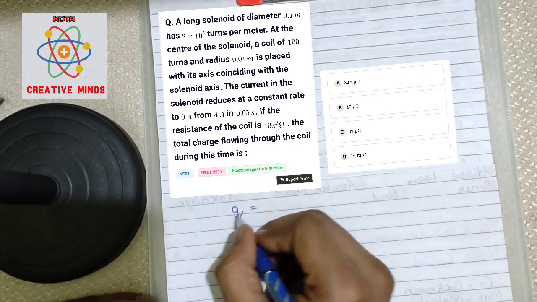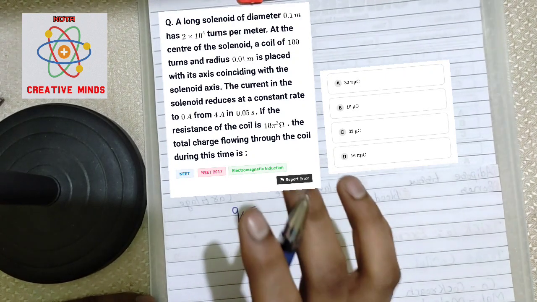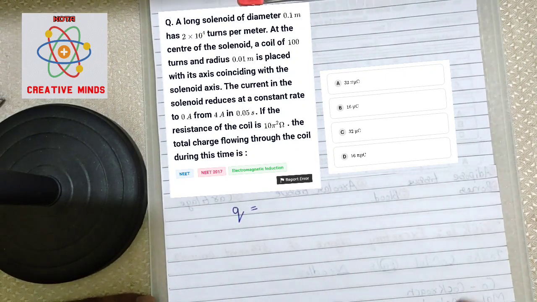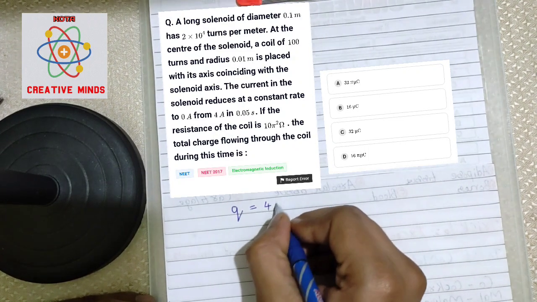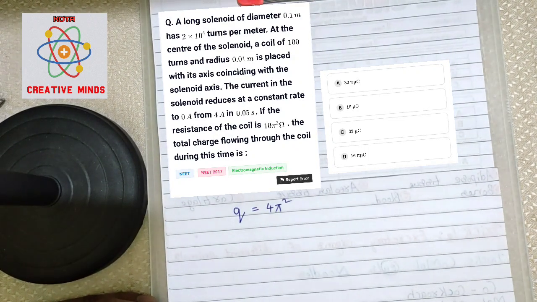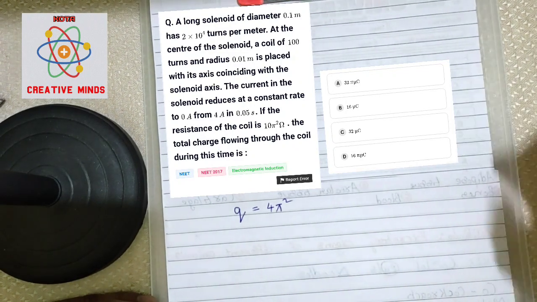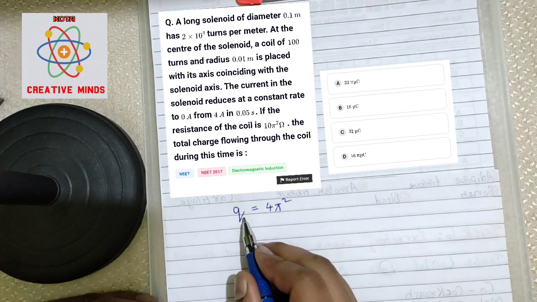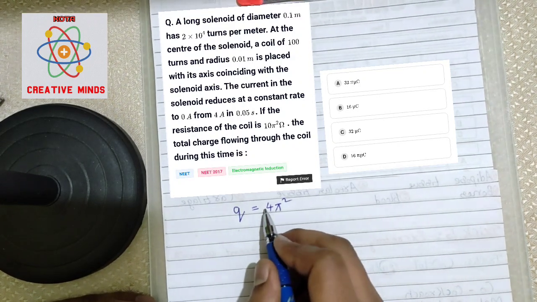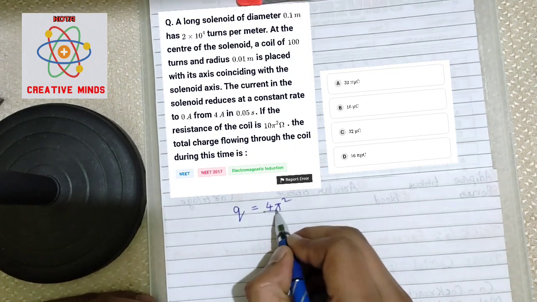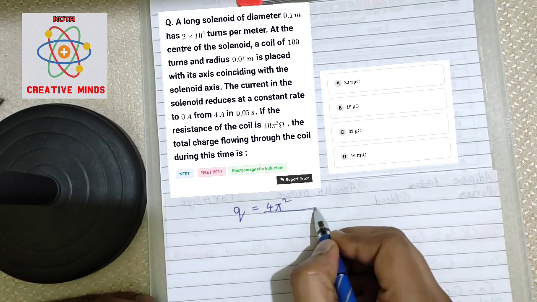Q is equal to, this is what you have to find, right? Remember my shortcut number. My shortcut number is 4 pi square. Remember this. Whenever you come across questions based on this model, just remember my shortcut number. Q is equal to 4 pi square. Now we have to divide by the resistance number.